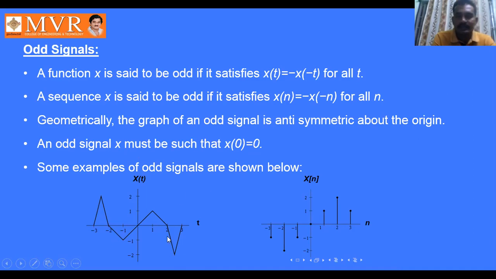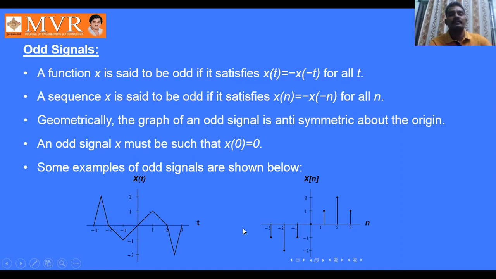Here, these are the examples of function and sequence. Here, x of t is represented from 0 to t like this, and x of minus t is this one, but it is inverted. It is nothing but x of t is equal to the inverted mirror image of x of t.